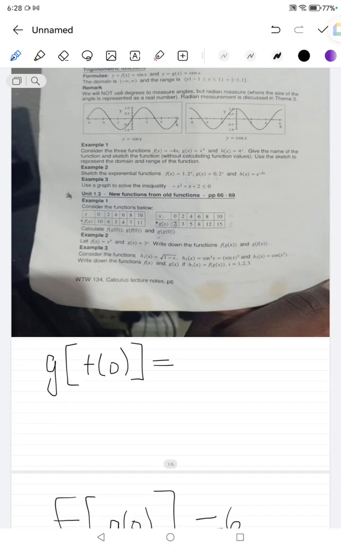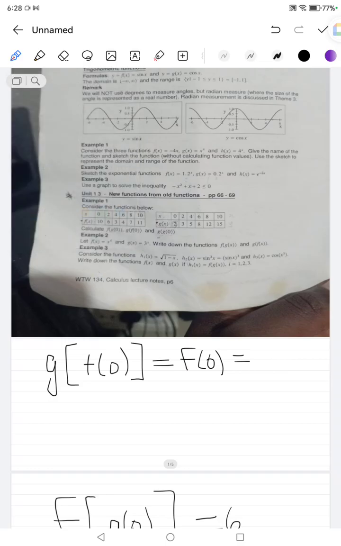You can see we have an f of x table this side and your g of x. So we have to check what our f of 0 is, since it's internal. We go to the proper table, the one on your left.